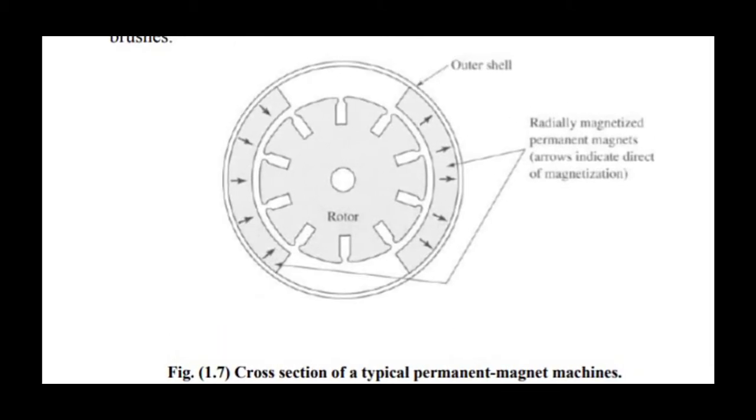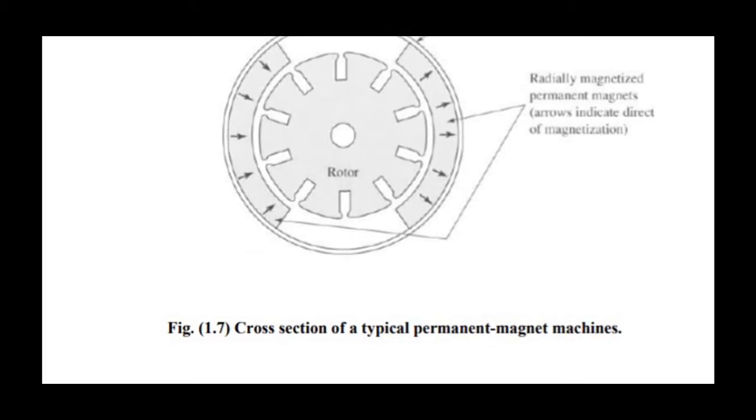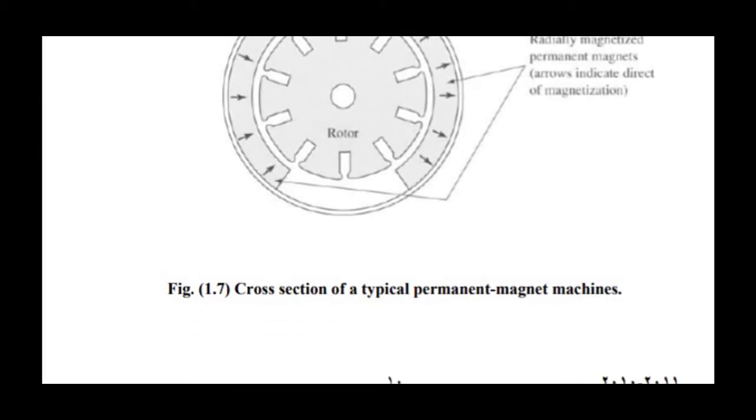Radial permanent magnets. Arrows indicate the direction of magnetization.